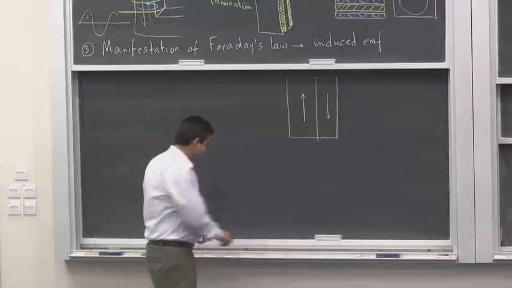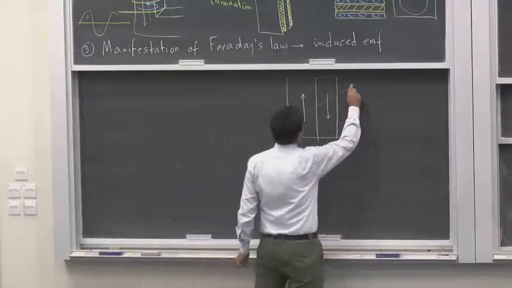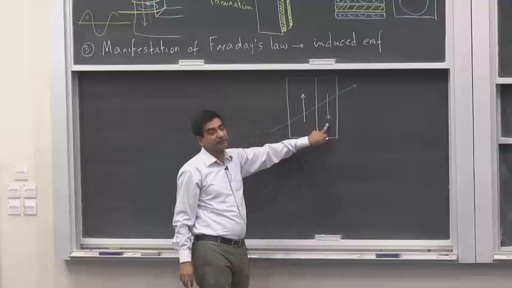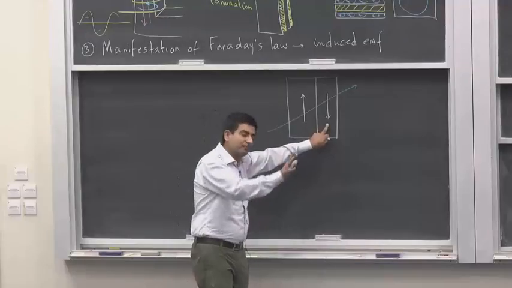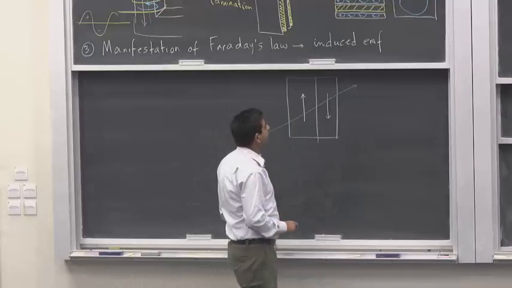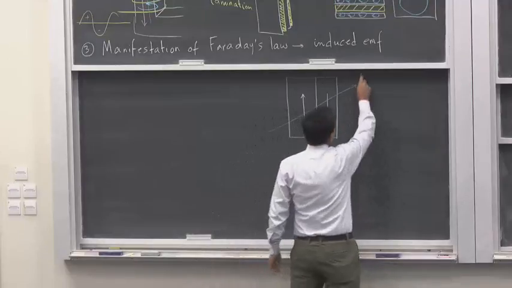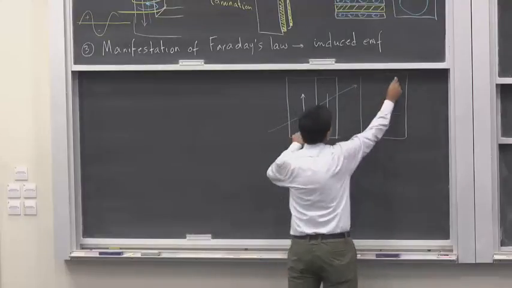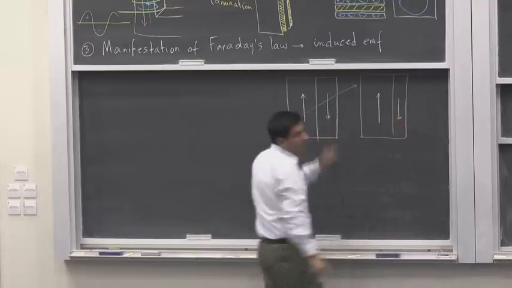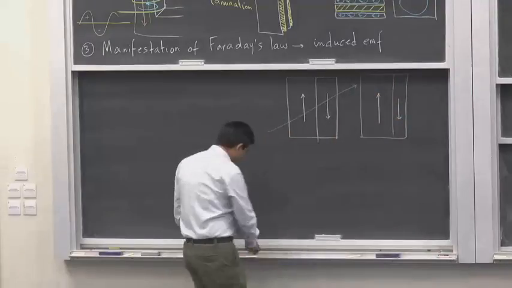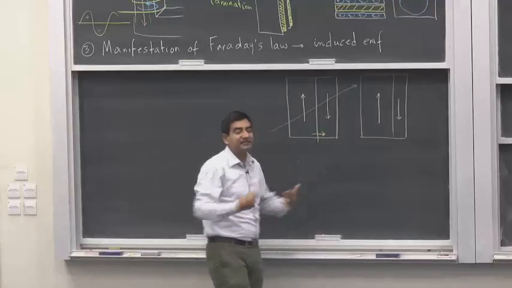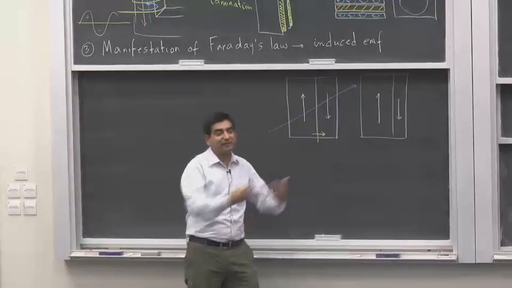We know that if we apply a field, say in some direction, this domain will grow at the expense of this one. So domain wall motion takes place. With time, this domain is going to grow larger in size and this domain is going to shrink. So what really is happening is that this domain wall is progressing with time in space. It's moving, it's translating.